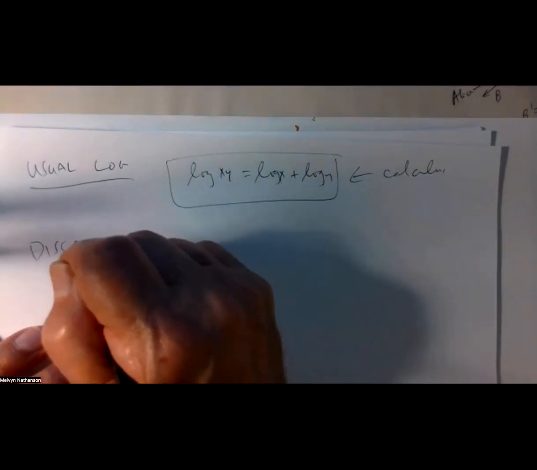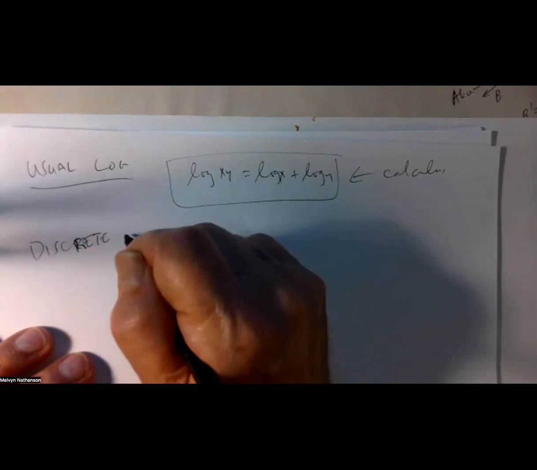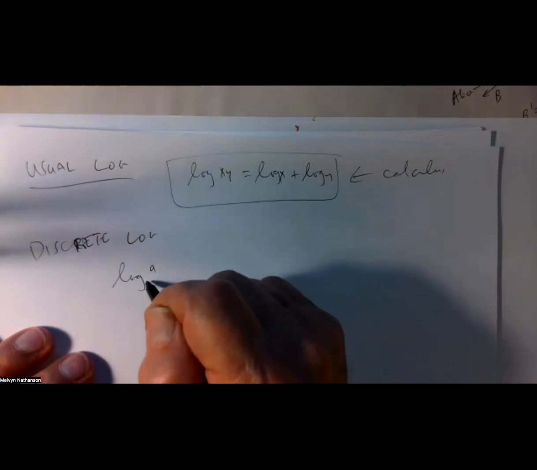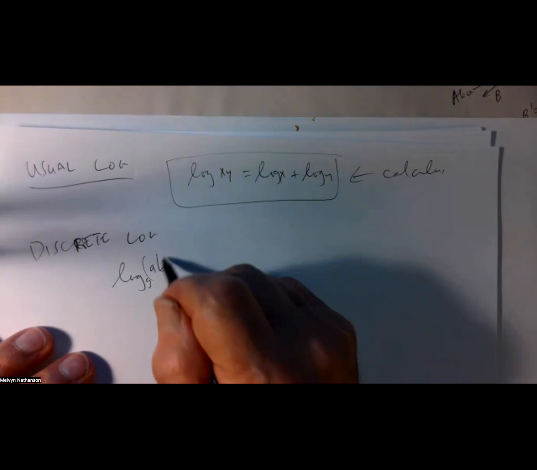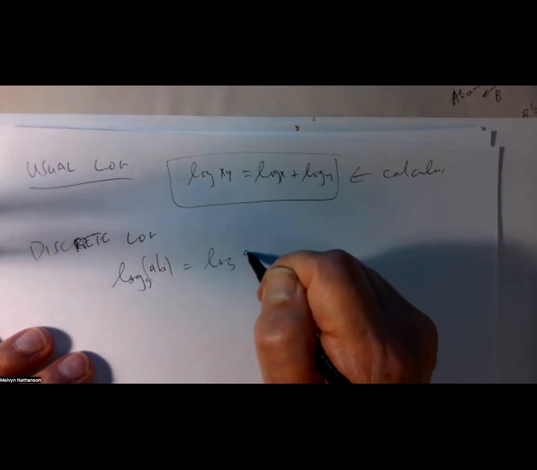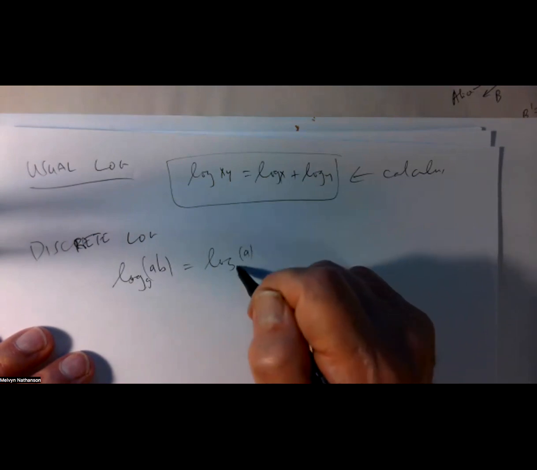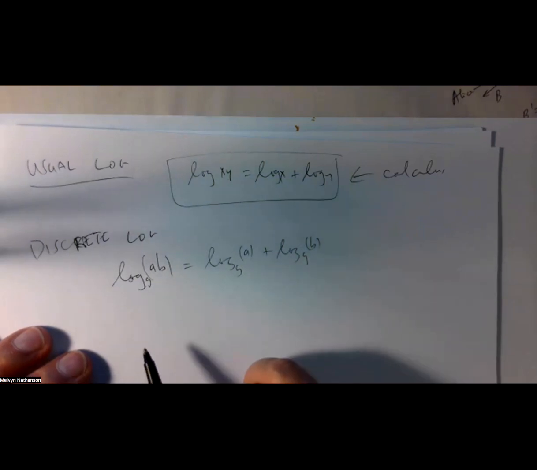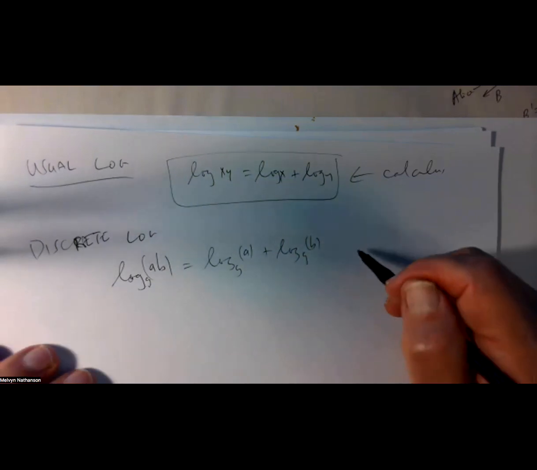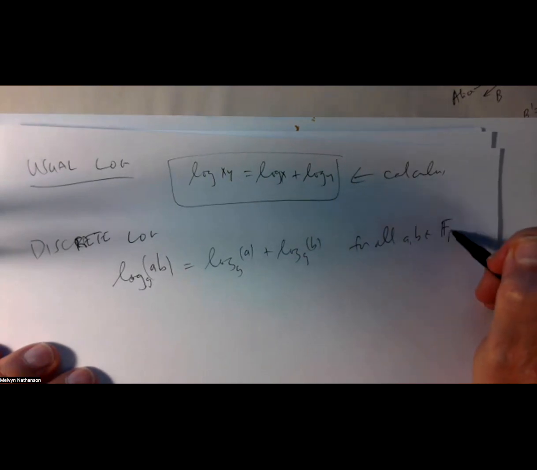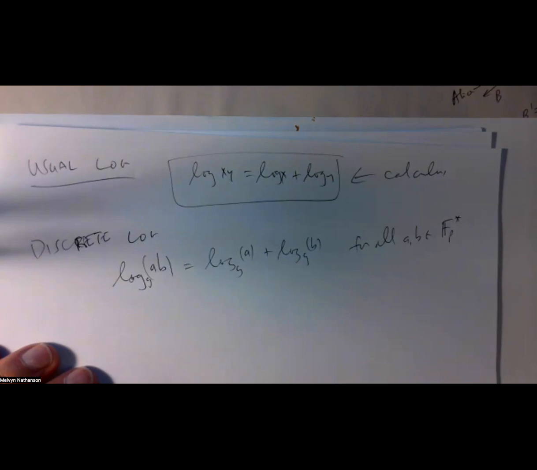For the discrete log, we have the same identity. The log of ab with respect to a primitive root g is the log of a with respect to g plus the log of b with respect to g, for all a, b in F_p star.